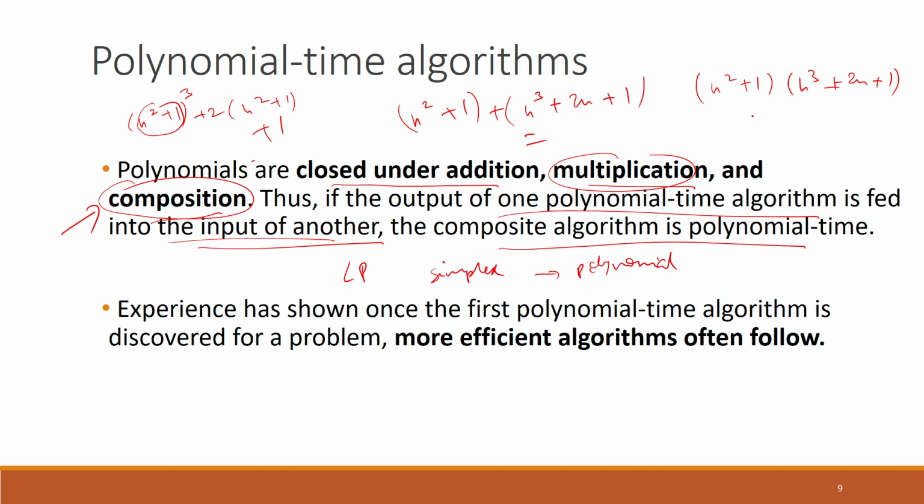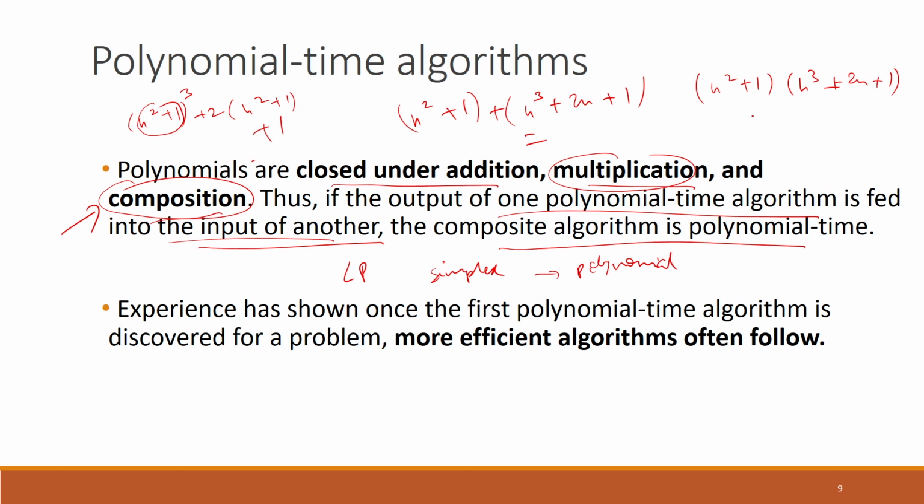So one of the first polynomial time algorithms that got discovered for linear programming was this ellipsoid method, which was discovered in 1970s, and that was a major breakthrough, just that it was not very efficient in practice, and therefore the search for more efficient polynomial time algorithms went on for linear programming.